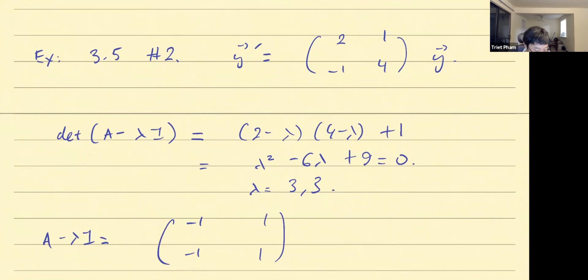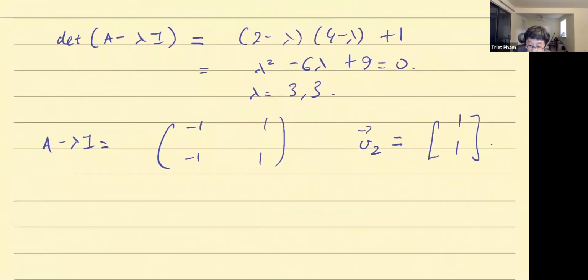So how many eigenvectors do we have? We have one eigenvector here, which is 1, 1. And I'm consciously calling this V2, because this is an eigenvector, and we will have a pseudo eigenvector coming up. Now, how do I find V1?